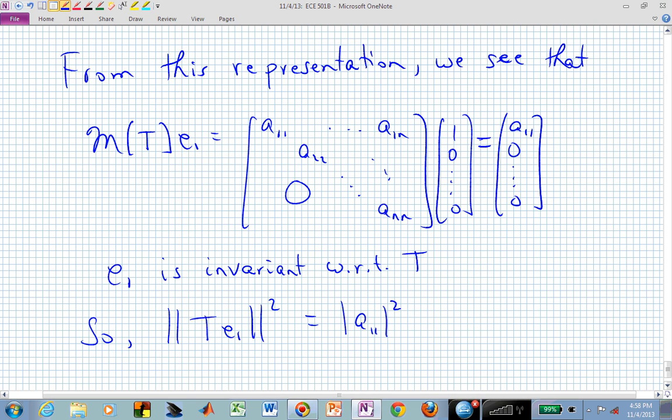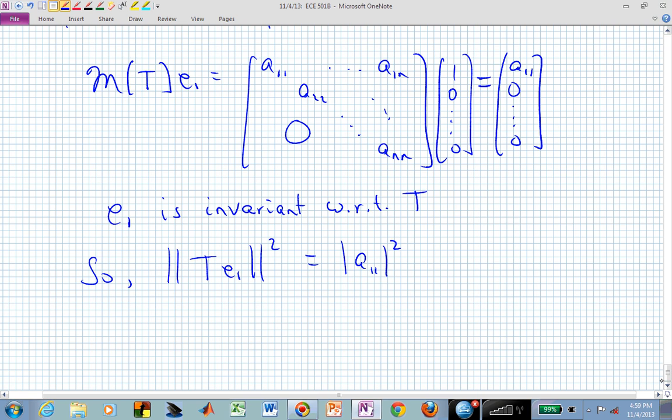Especially if you just looked at this as a vector and said, what's the norm of that squared? You could just take the Euclidean inner product of this vector with itself, and that's going to just take the first term and square its magnitude.